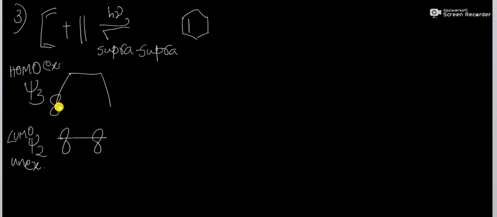Then symmetry will be plus minus, here plus plus. First condition is supra-supra addition, that is same phase addition, plus plus minus plus. It is symmetrically forbidden. One sigma bond is bonding interaction, another sigma bond is anti-bonding interaction.